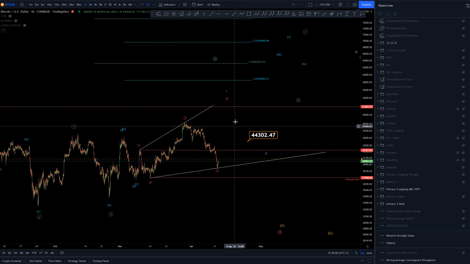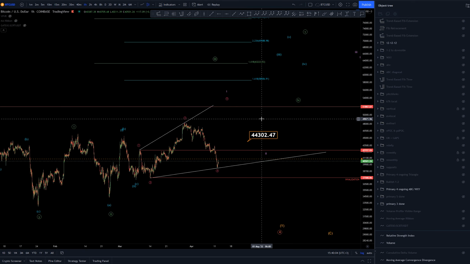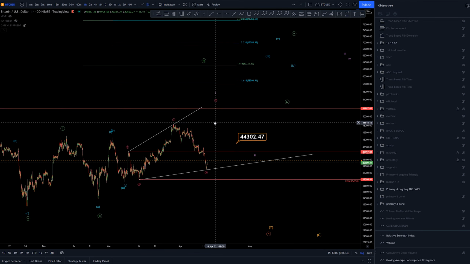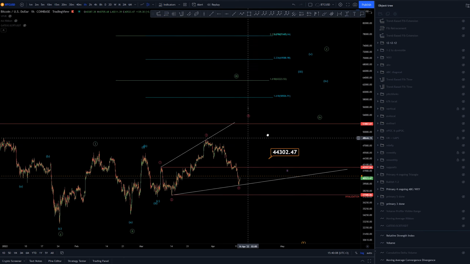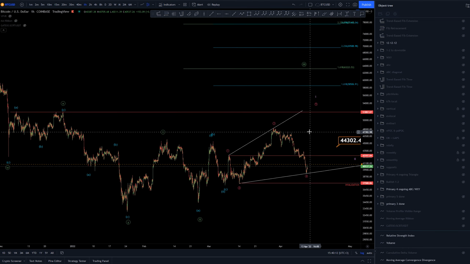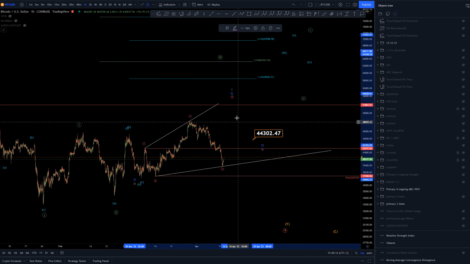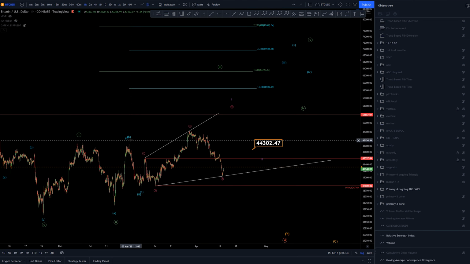Again, we would be expecting wave 1 higher here around 54k or something, and most likely taking out the liquidity here before taking a dump, at least a small dump for wave 2, before shooting up for the higher time frame degrees.